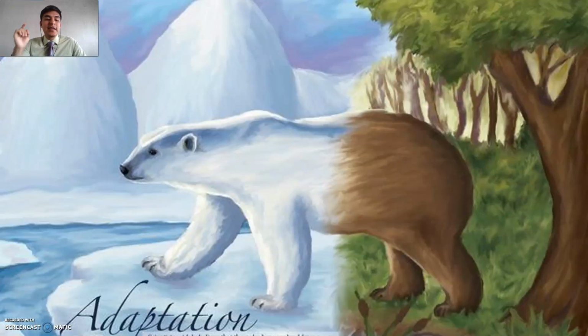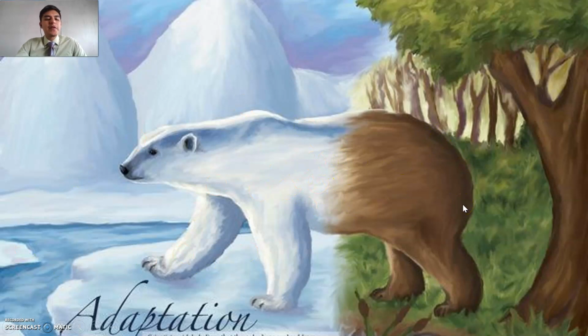All right, and lastly, we have another example right here. I guess I mentioned this last week, but it's always good to remember it. So, at some point, there were some bears that lived in the forest that migrated to the North or South Pole. But the problem was that they weren't white. They kept on being brown.